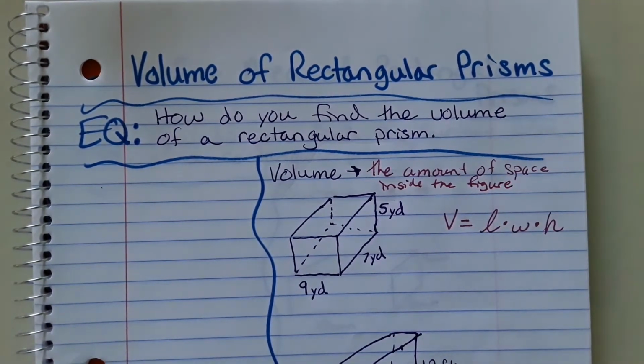So indeed, when we're talking about volume, we're looking for how much space is in the figure. Just like when you saw in the vocabulary video, as the water was filling up that rectangular prism, we were looking for the space inside.